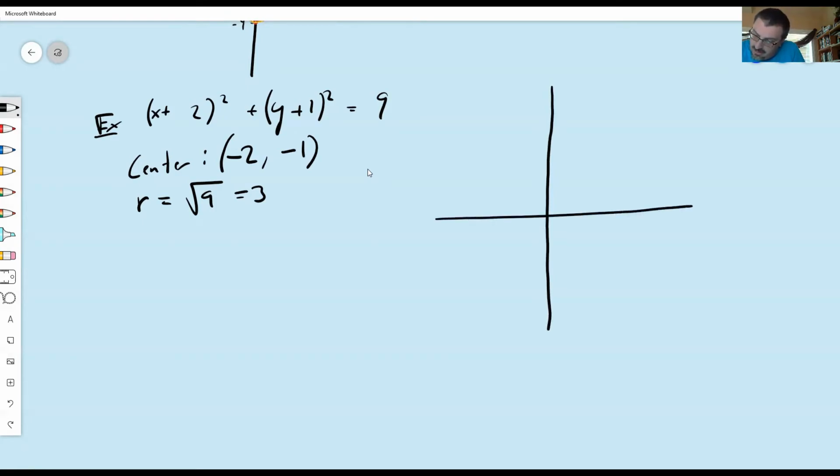I'm going to draw a picture here. So minus 2 over 1, 2, down 1. Something like right there. Now my radius is 3, so it's going to be left 3, right 3, down 3, and up 3.